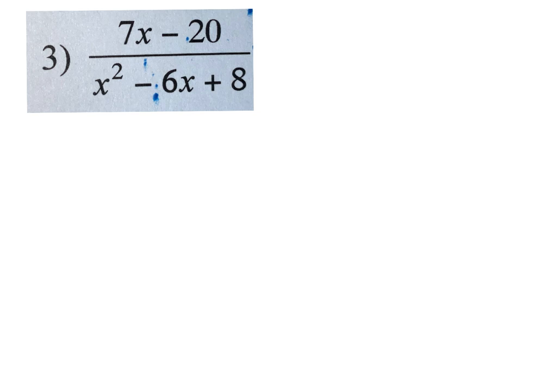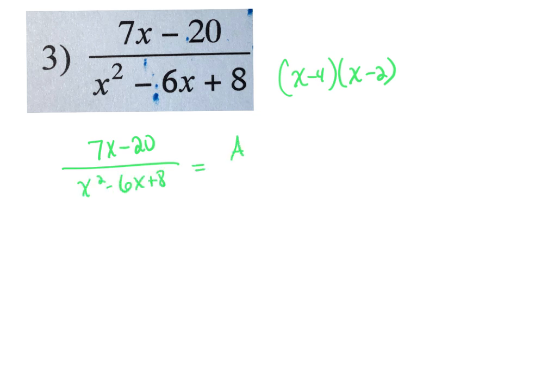And for this one, you're going to factor factors of 8 that add up to 6. That's 4 and 2. So my factors here are x minus 4, x minus 2. So I'm going to set this up. A over x minus 4 plus b over x minus 2.